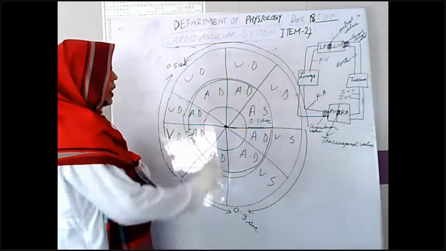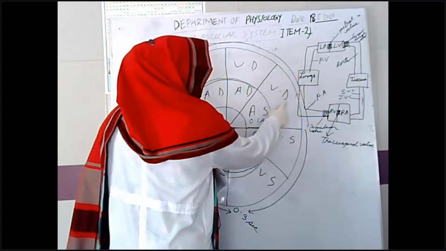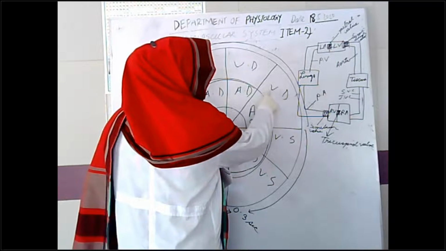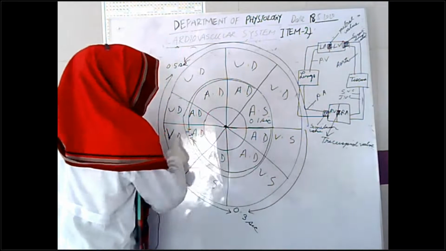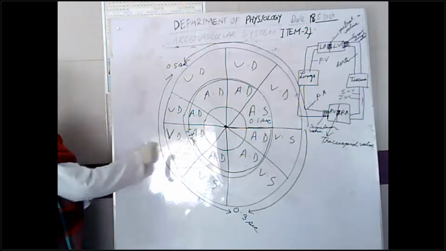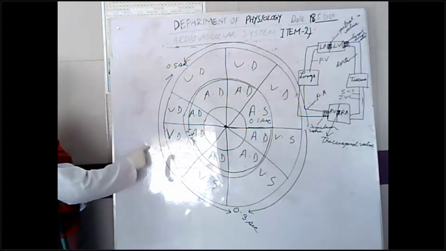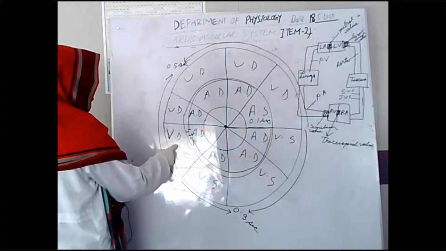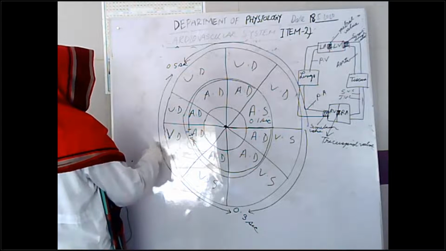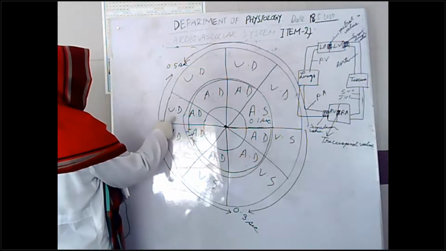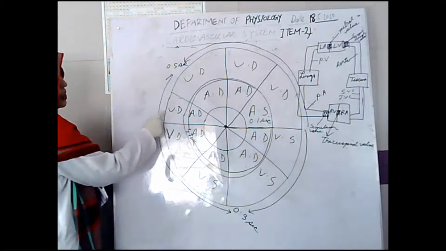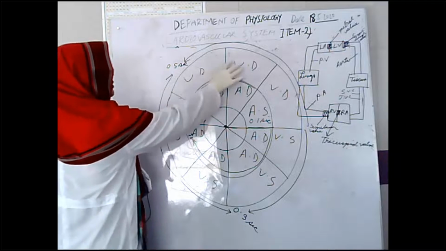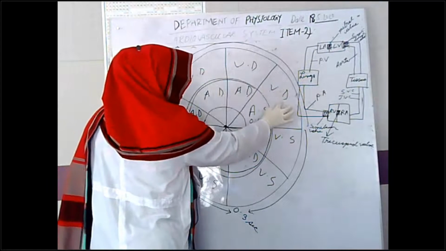Now, I'll show you the first phase of ventricular diastole. The first phase of the ventricular diastole is the protodiastolic phase. Already I have shown you the name of the first phase, protodiastolic phase. The second phase is the isovolumetric or isometric relaxation phase, then the first rapid filling phase, slow filling phase, and last rapid filling phase.